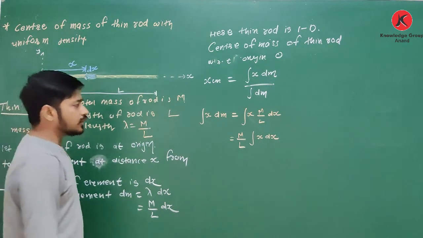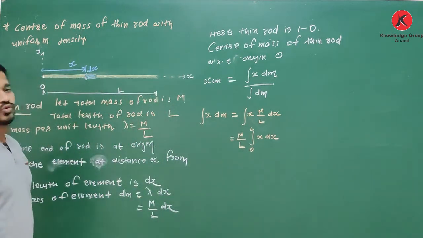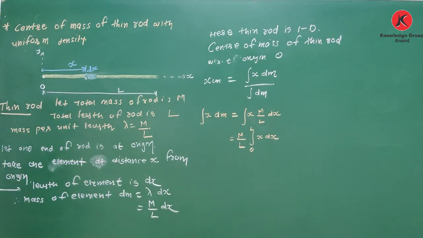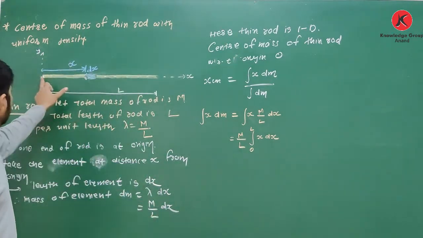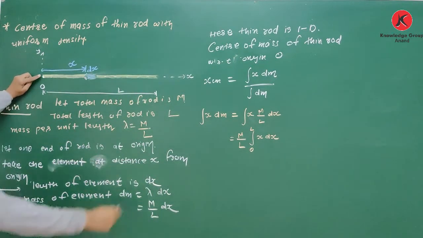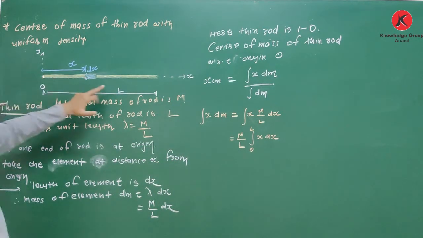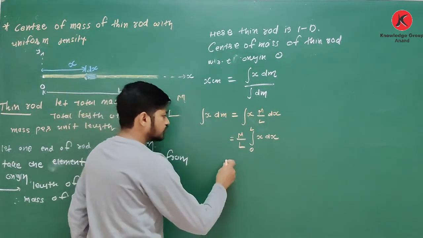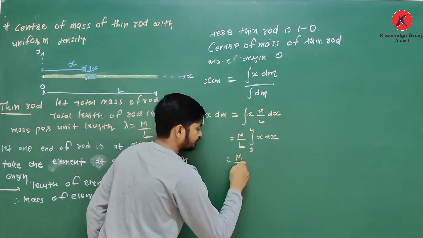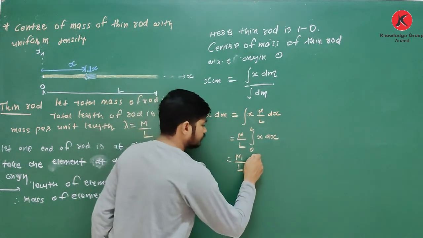So what is the limit of x? It is from 0 to L. Limit means the elements are between which two ends? Between these two ends. With respect to origin, what is the distance of this point? 0. What is the distance of this end? It is L. So the limit is from 0 to L. So it is m upon L, x dx. What is the integration of x with respect to dx?